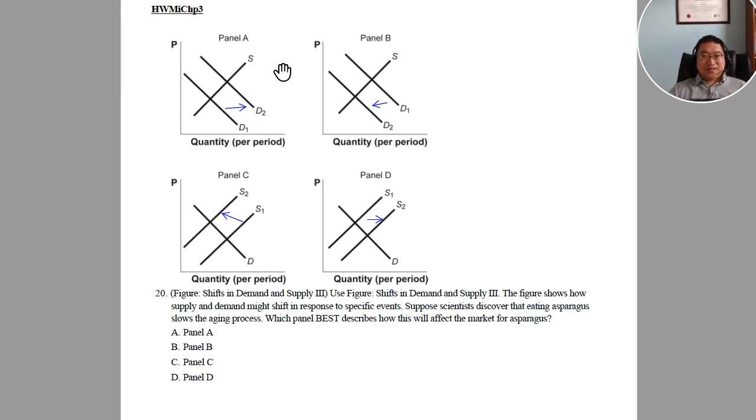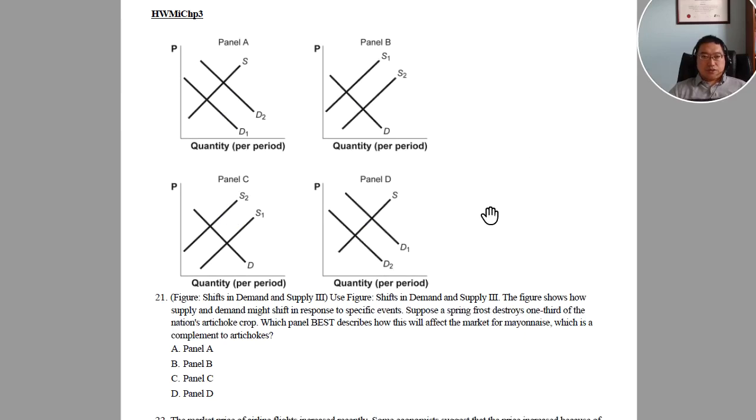The story itself clearly implies an increase in demand. All we have to do is figure out which picture is talking about which story. C and D are supply changes, supply decrease in C and supply increase in D.